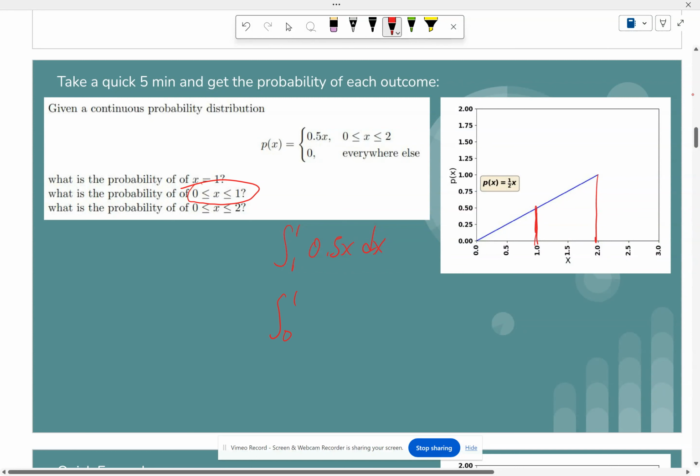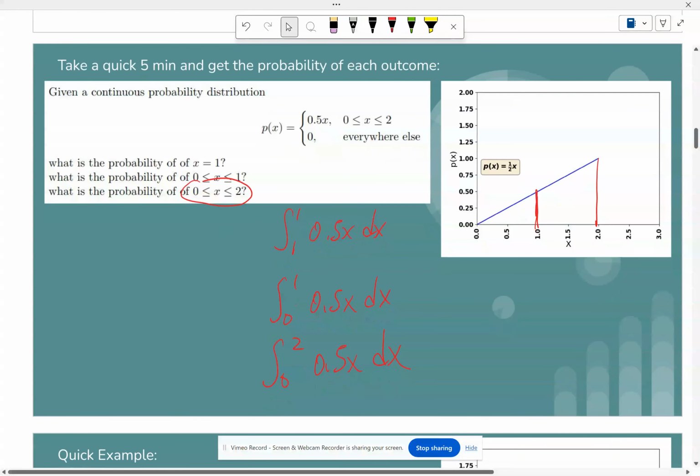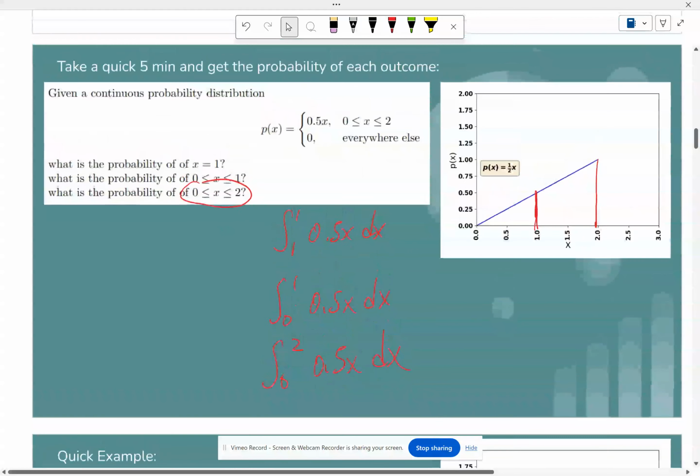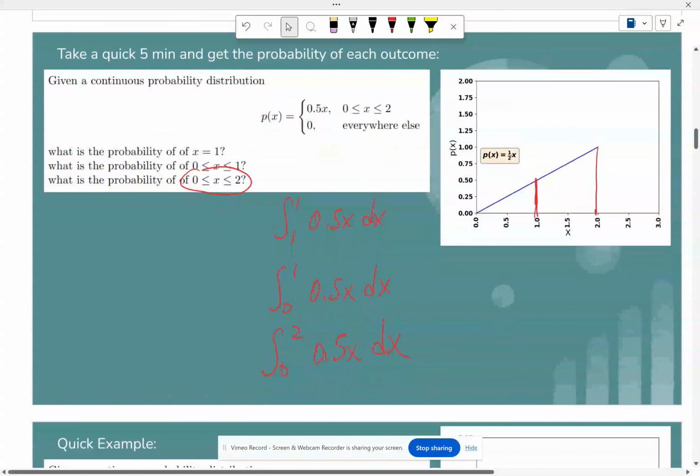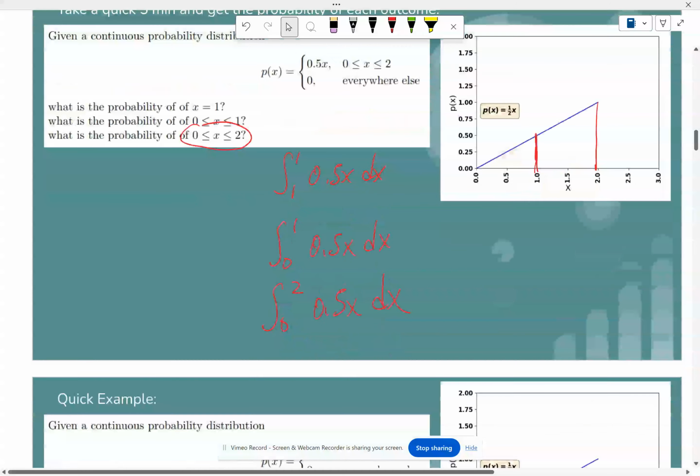So here's 0 to 1, 0.5x dx. And what is the probability from 0 to 2? 0 to 2, 0.5x dx. So these are the three integrals that you will need to solve. If you want to do it, pause the video and try yourself. Otherwise, we'll move on.